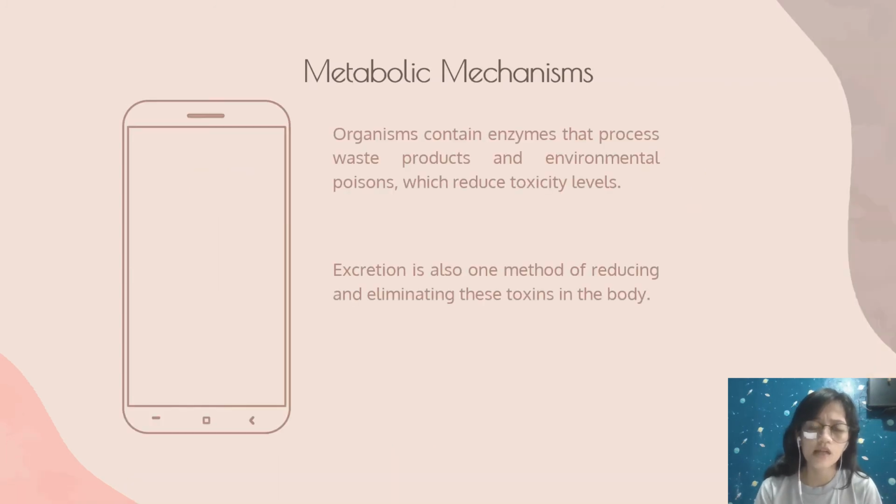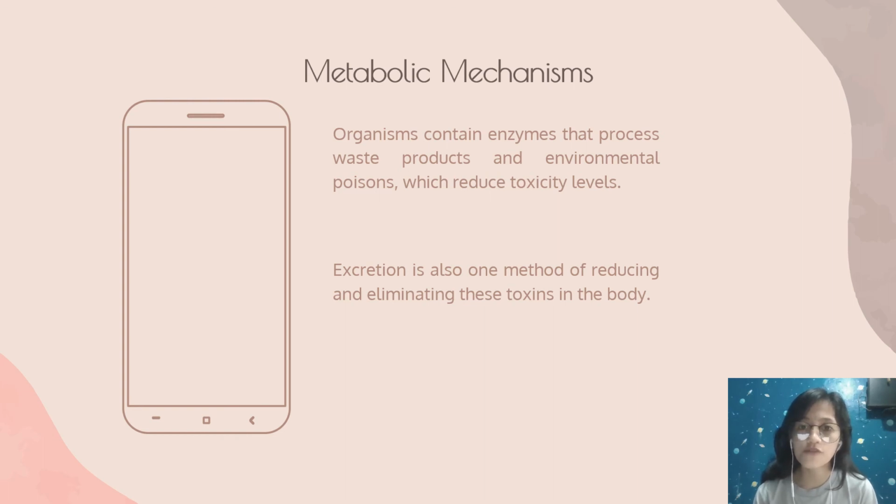So first, let us talk about the metabolic mechanisms. Metabolic mechanisms means organisms contain enzymes that process waste products and environmental poisons which reduce toxicity levels. As we all know, enzymes help with processes like digestion.